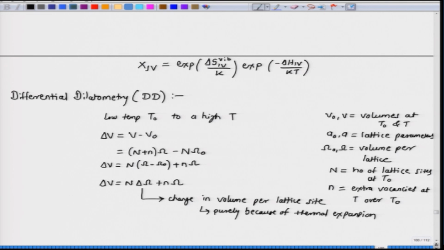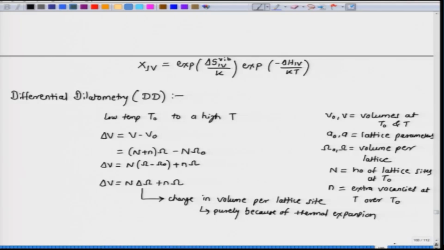Now, when we say that, we are also making one assumption here, and that assumption is that there is no change in volume per lattice site because of creation of extra vacancies. Okay.